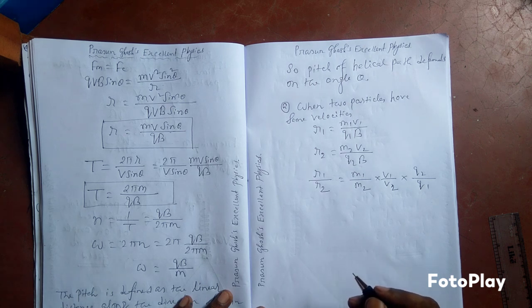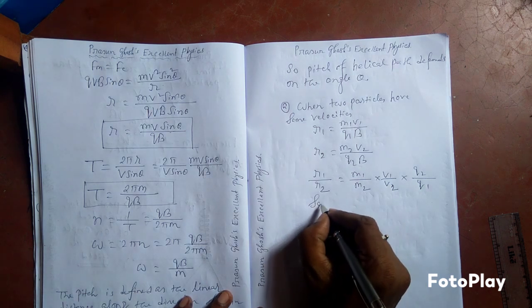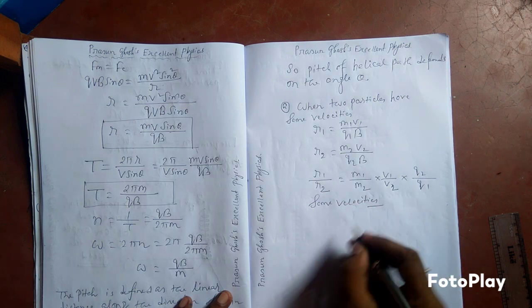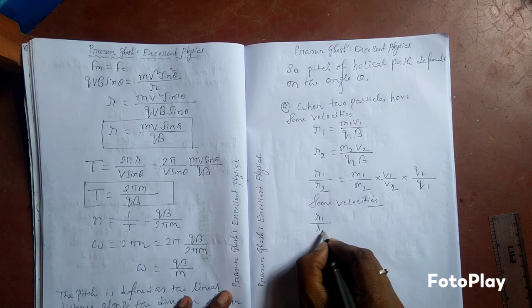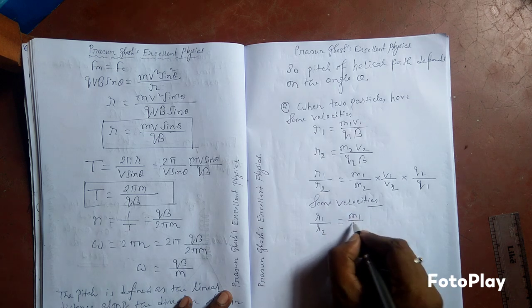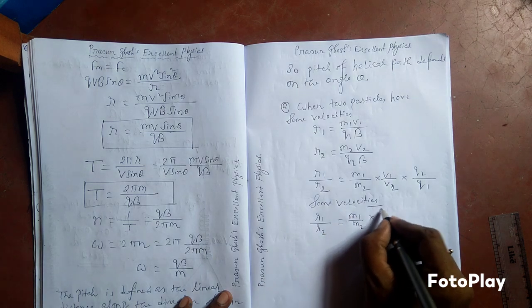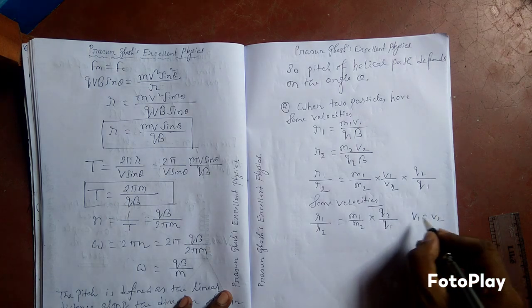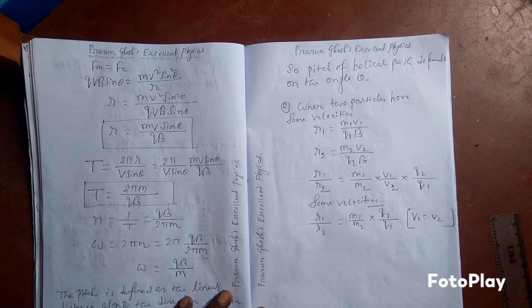For the same velocity, v1 equal to v2, r1 by r2 equal to m1 by m2 into q2 by q1.